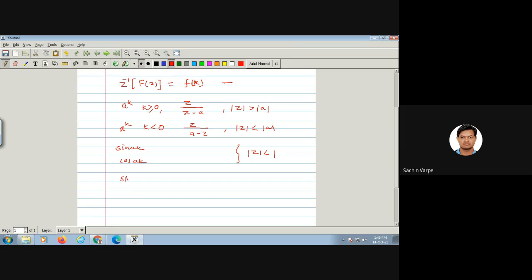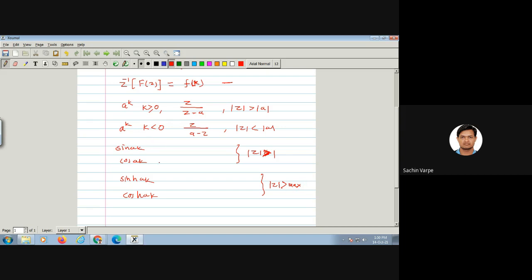If it is hyperbolic sine or hyperbolic cos ak, then the region of convergence is mod z must be greater than the maximum of mod of e raised to a and mod of e raised to minus a.